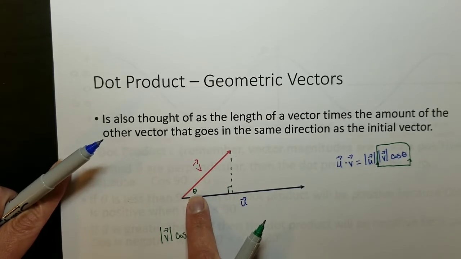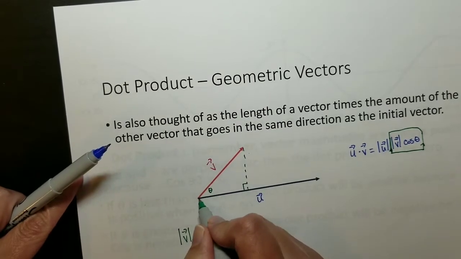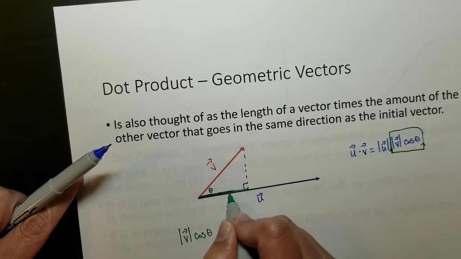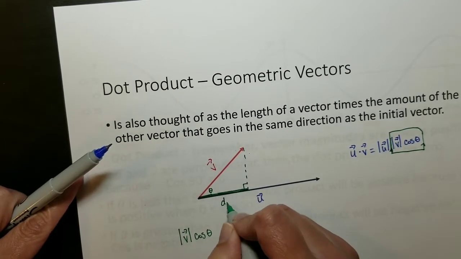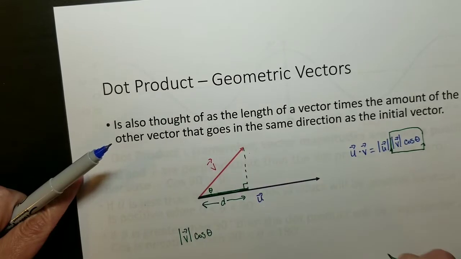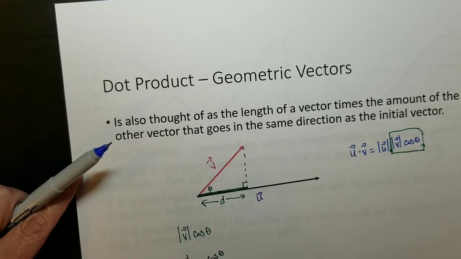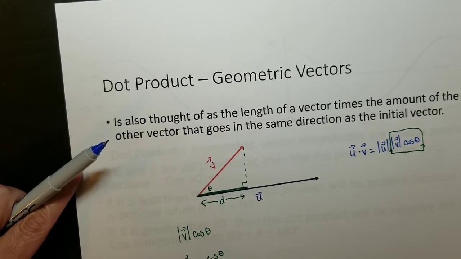The cosine of theta would be this length here over the magnitude of v. So I'll label a distance d. d over the magnitude of v equals cos theta. So d would actually be this quantity, the magnitude of v times cos theta.